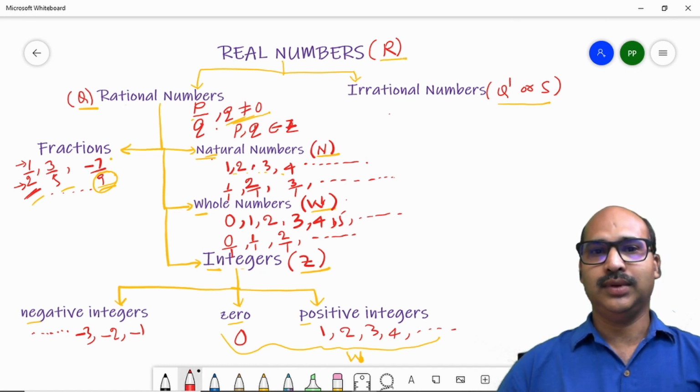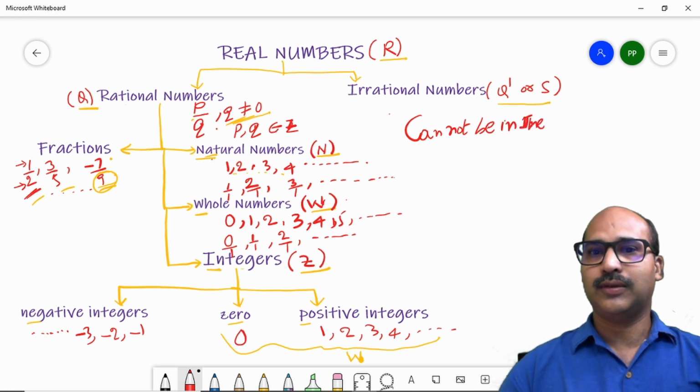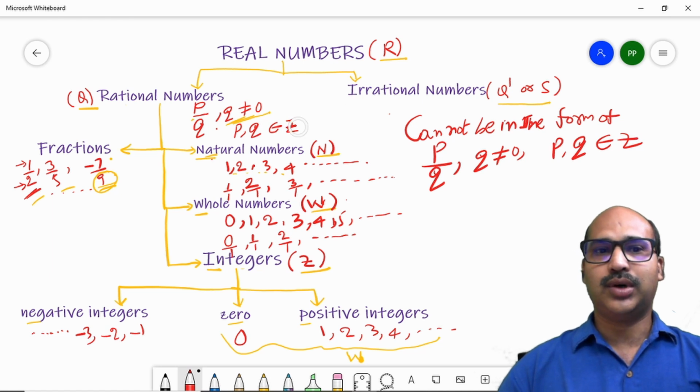So these irrational numbers cannot be in the form of P by Q, where Q is not equal to 0 and P and Q belong to Z. What does this mean, P and Q belong to Z? Z is nothing but integers, so P and Q are integers, either 0, negative or positive.